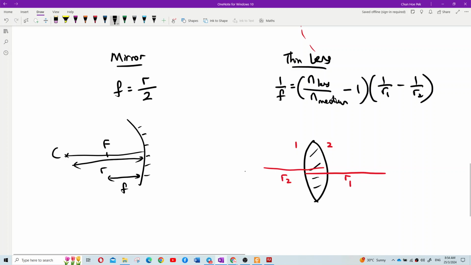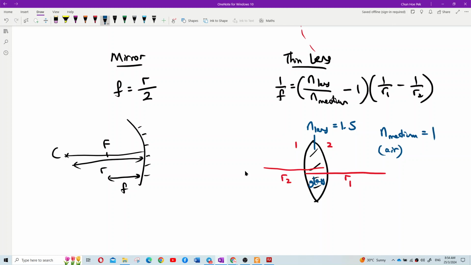Here n of the lens means the refractive index of the lens. If the lens is made of glass, the refractive index of the lens is 1.5. If outside is air, this is the refractive index of the medium, and the medium of air is considered as 1.